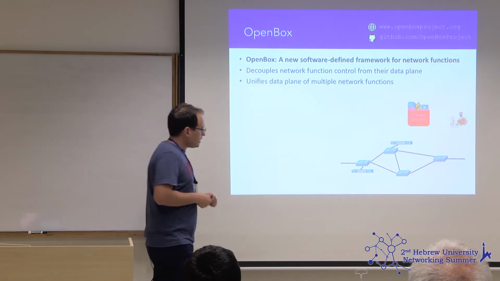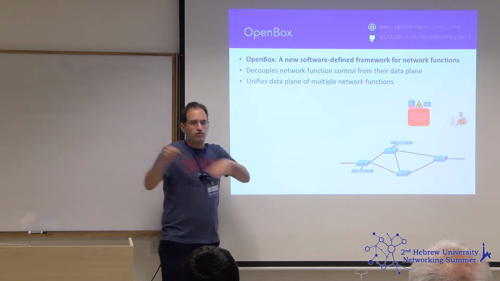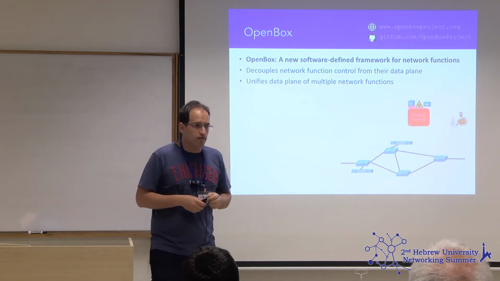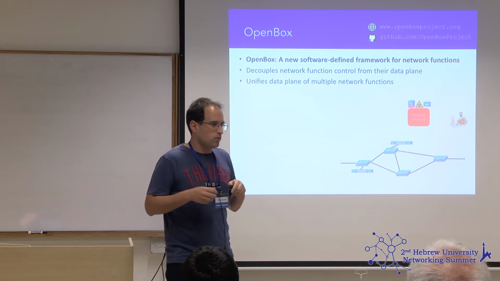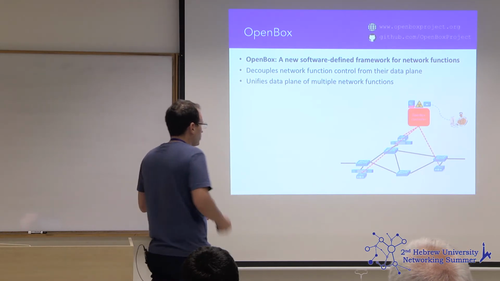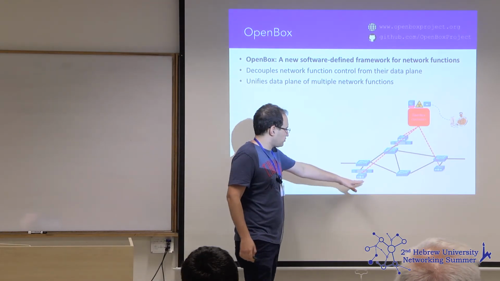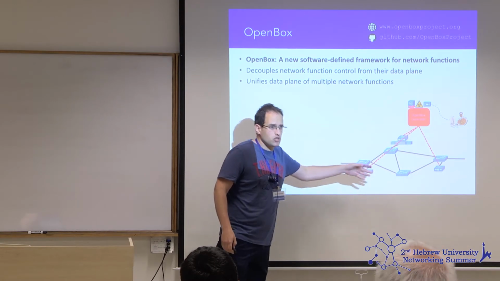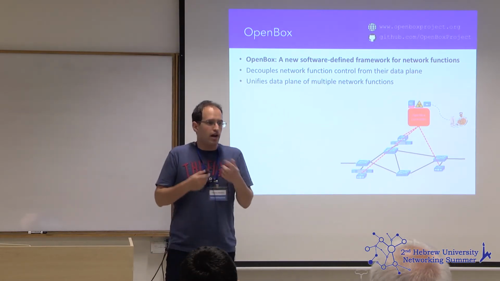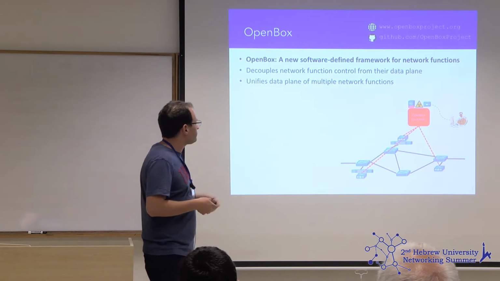So instead of having network functions deployed everywhere in the network, we now have network functions deployed on top of this control plane. And what we have in the network is some kind of device, which can be software or hardware, that actually realizes the logic given by this controller.